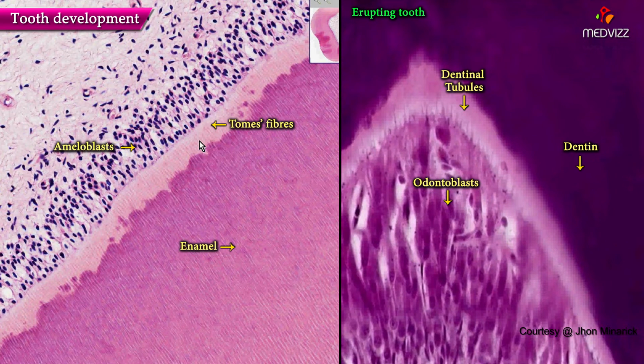But this is a great example, which you will always see in tooth, is the cells that give rise to the enamel called ameloblasts and lines called Tomes fibers, T-O-M-E-S, going into them. And I hope I did this justice, so I thank you very much.